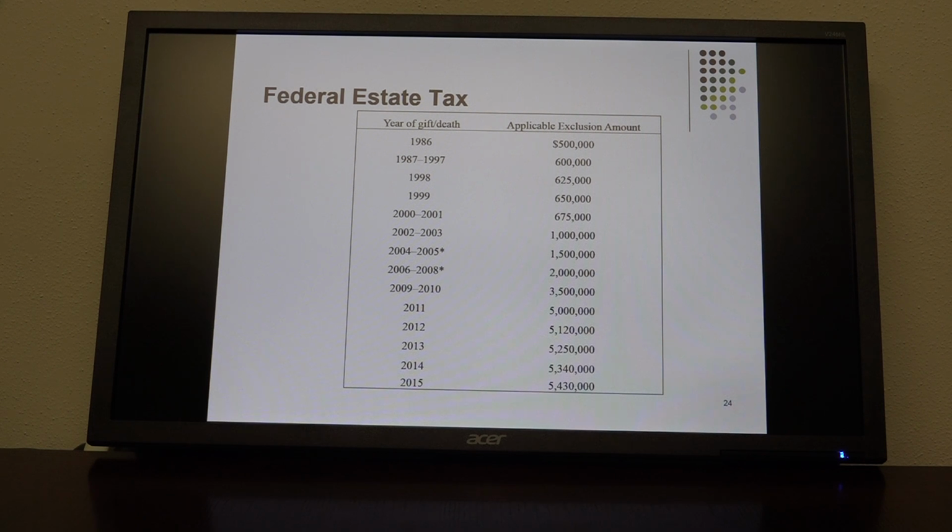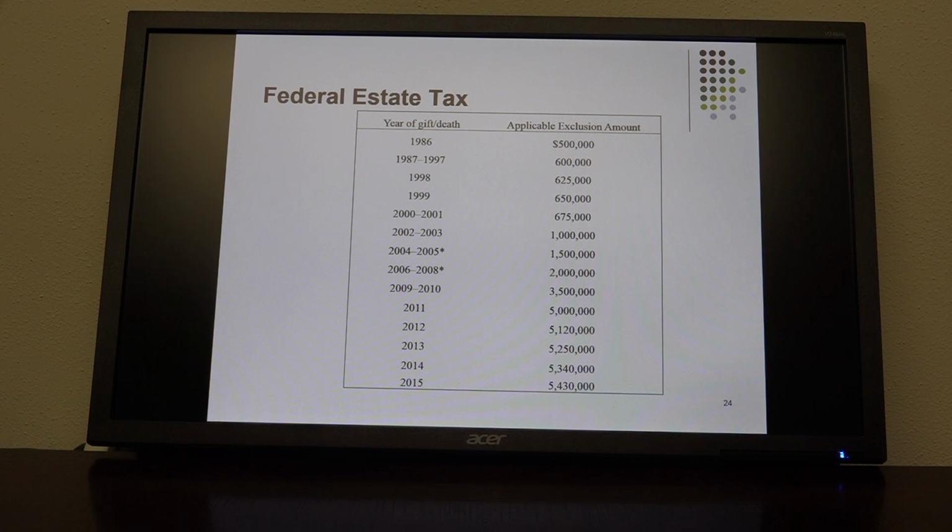I mean, if you think about it, really the executor or administrator kind of is, but it really ultimately falls on the beneficiaries or heirs, because if there's lots of land that passes to them but not lots of money to pay the estate taxes, what do they have to do?